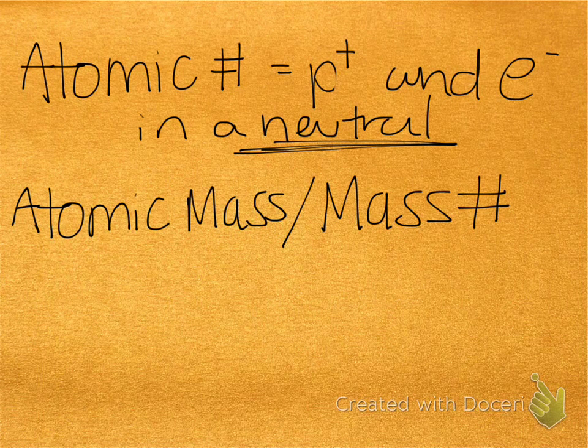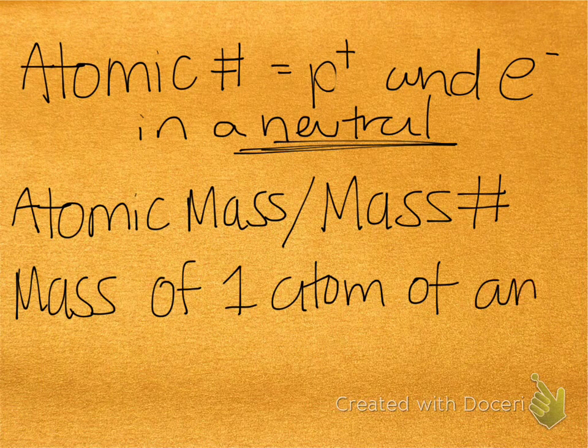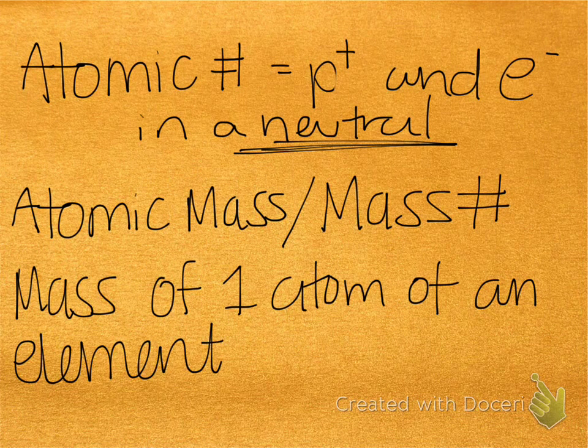Then we have that atomic mass, or the mass number, which is on the bottom if you're looking at a periodic table. And that is going to be the mass of one atom of an element. And that is going to be equal to the sum of your protons plus your neutrons.